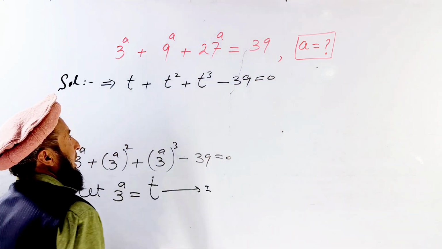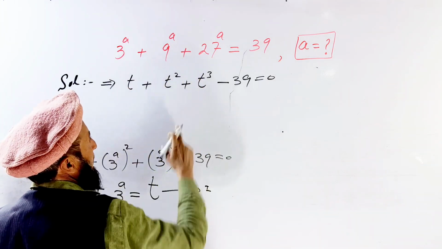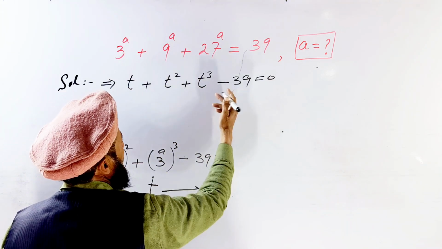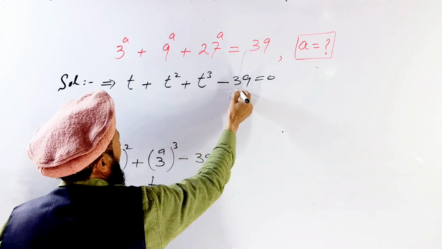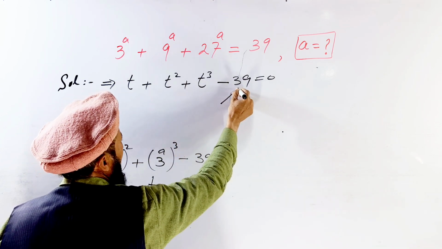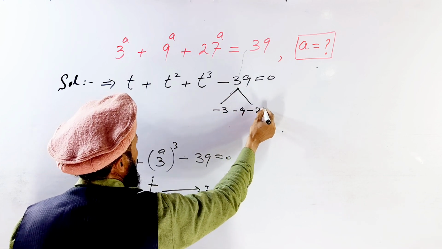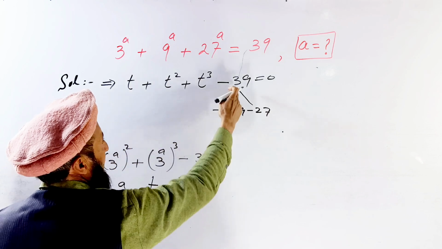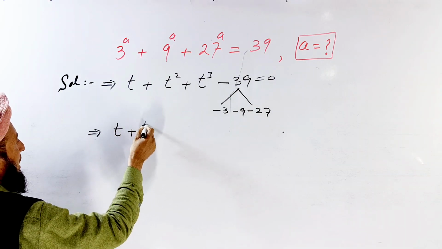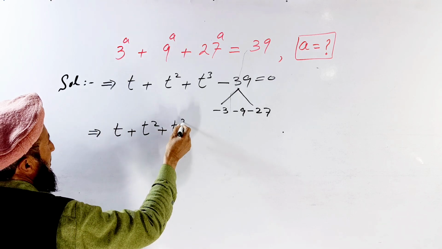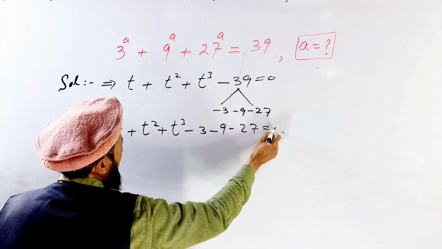Now look here, the exponents of t are 1, 2 and 3. We need to change the terms accordingly. We can write 39 as minus 3, minus 9 and minus 27. So we get t plus t square plus t cube minus 3 minus 9 minus 27 is equal to 0.